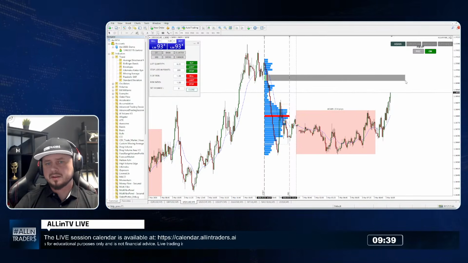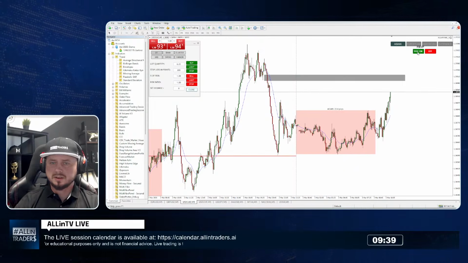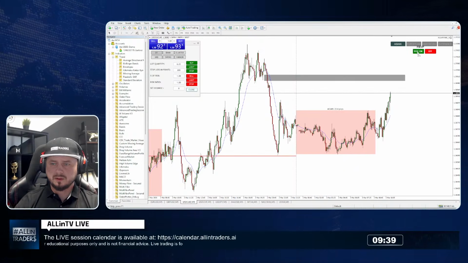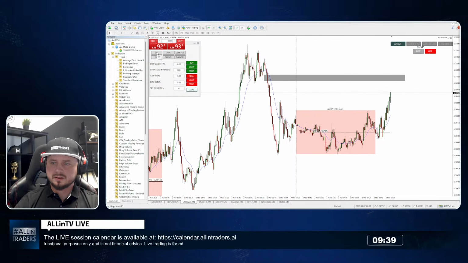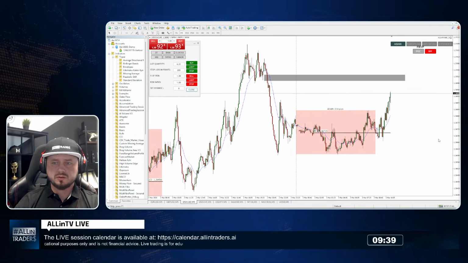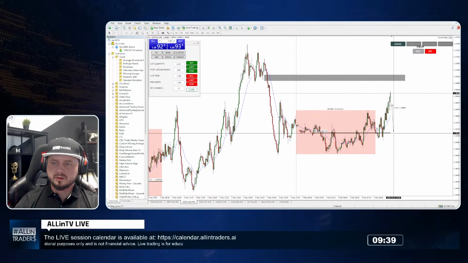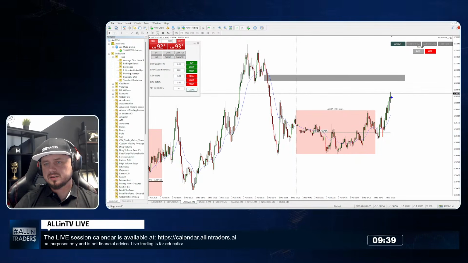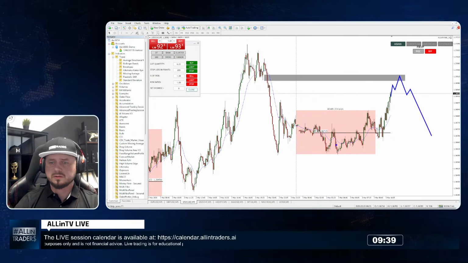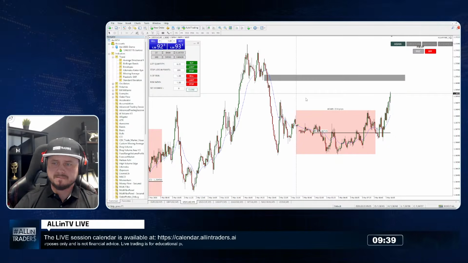This could be nice area for reversal. We'll see. The point of control is now right at the bottom. So do we have any targets? Yes, and we do have a target with more than 80% chances that we're gonna get there. We just need some trigger. So maybe from here, we're gonna look for some short positions.